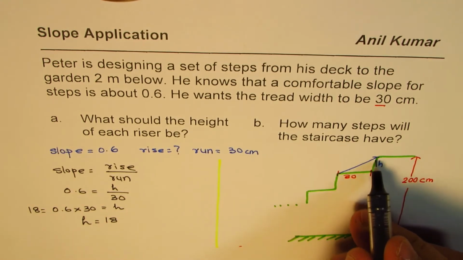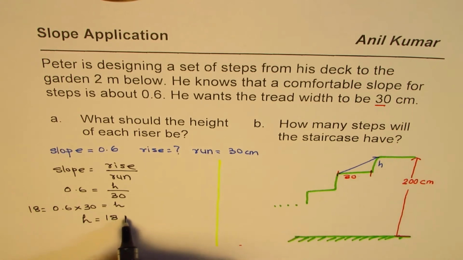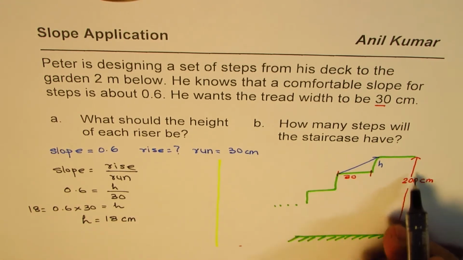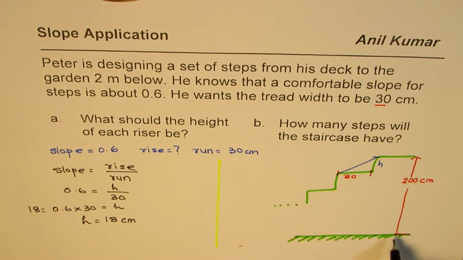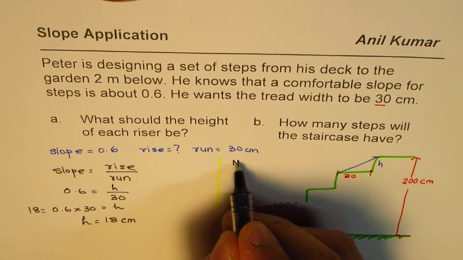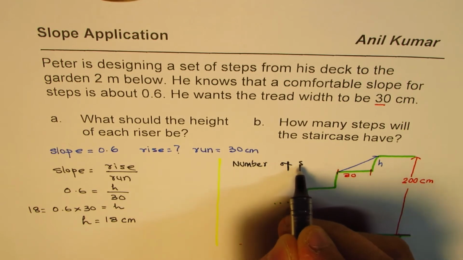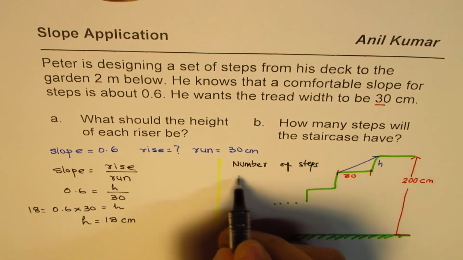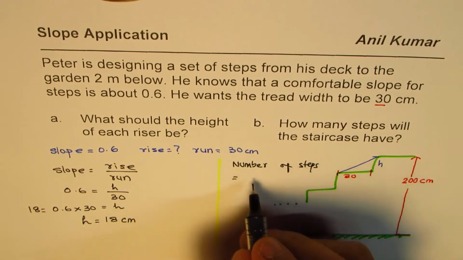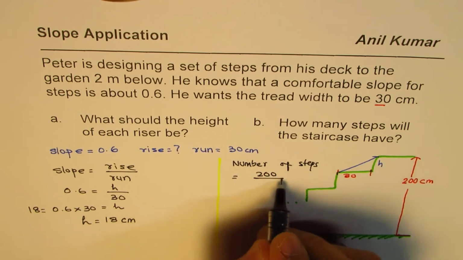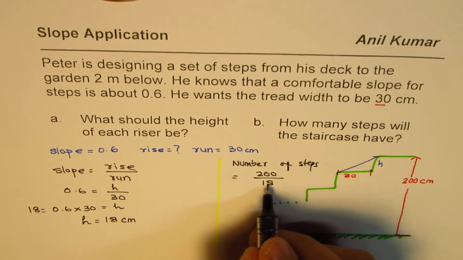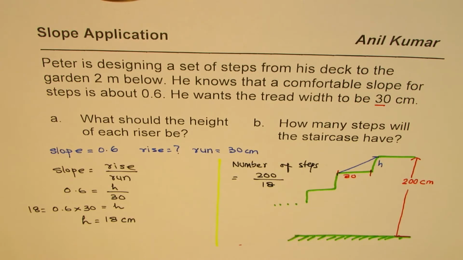Since each step is 18 centimeters high, and we have 200 centimeters total height, the number of steps will be equal to the total height, which is 200, divided by the height of each step. So that should be the total number of steps.